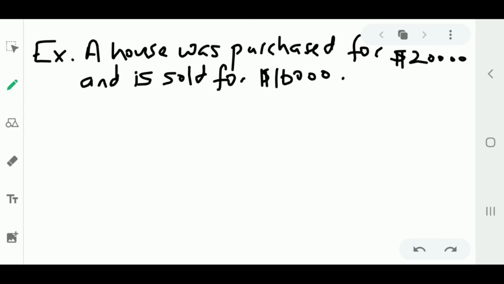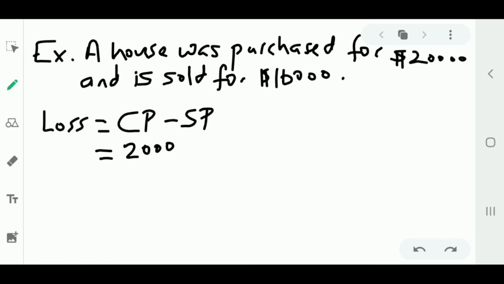Example here, a house was purchased for $20,000 and is sold for $16,000. So you want to find the loss first, and then you want to find the percentage loss. So loss is equal to cost price minus selling price. And the cost price was $20,000 and you sold it for $16,000.